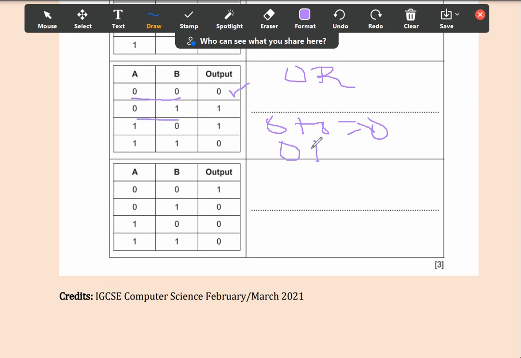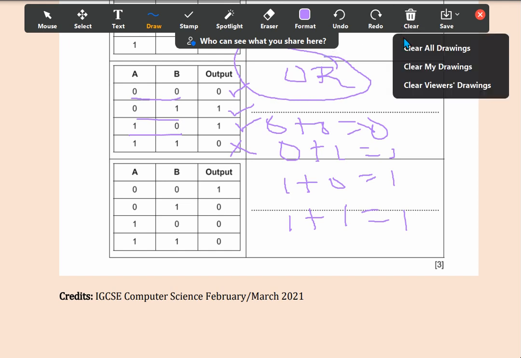Next, clearly equal to 1, let's check. Next, 1 plus 0 is equal to 1, let's check. And 1 plus 1 is equal to 1. And again, it says here 0. So therefore, it is not an OR gate. Almost an OR gate. However, it is not an OR gate.